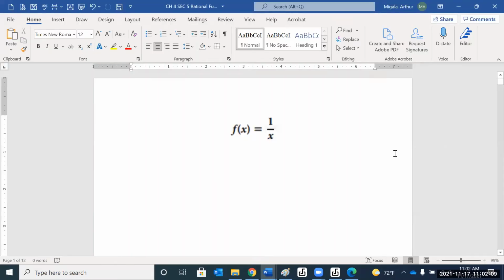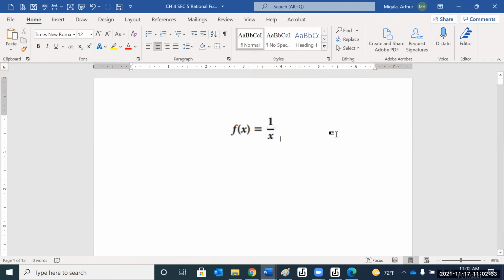Okay. With what we know so far, look at this function. Remember what the graph looked like? What's the horizontal or vertical asymptote? Vertical asymptote is where the bottom is equal to 0. So it's 0.